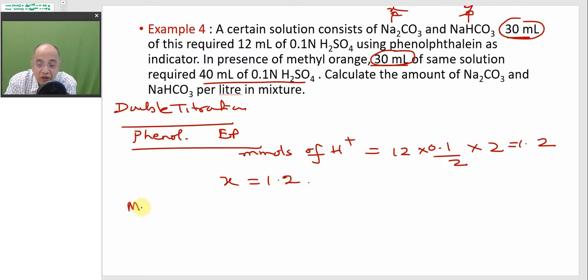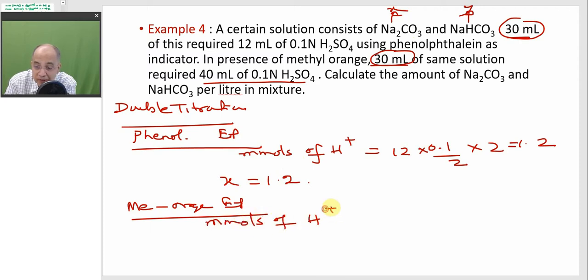Then let us go for a separate methyl orange endpoint. Now for that, all X, 2X. X for the first half. I'm talking of HCl. I'm not talking of Na2CO3. X for the first half and again X for the second half. So the number of millimoles of HCl required is, now let us find out first how many millimoles of H plus ion has been used up.